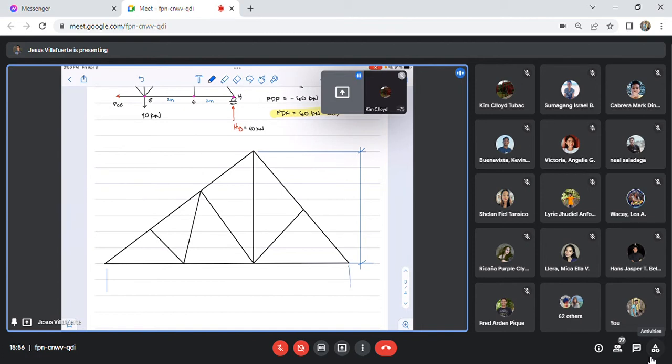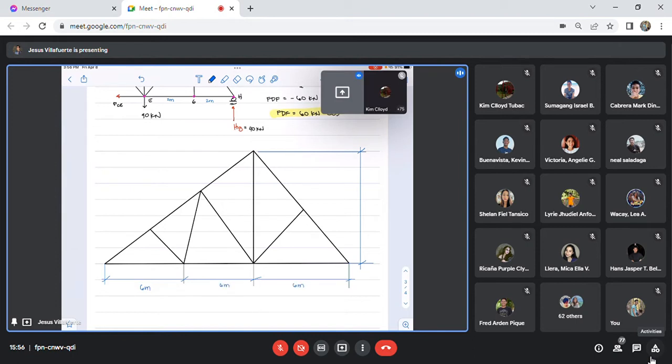Medyo madugay jud kog drawing class, so what not to scale lang ni siya.